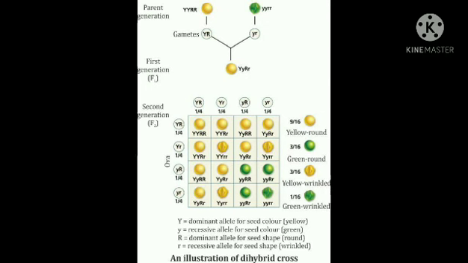So this indicates that the phenotypic ratio is 9:3:3:1. This is the dihybrid cross. Here you have studied the inheritance of two characters at a single time.